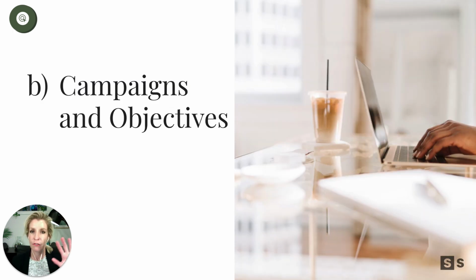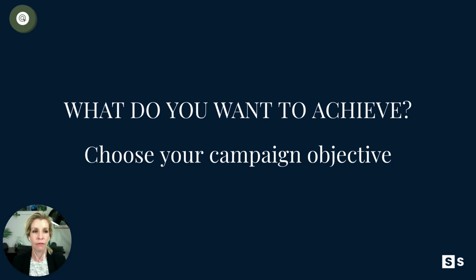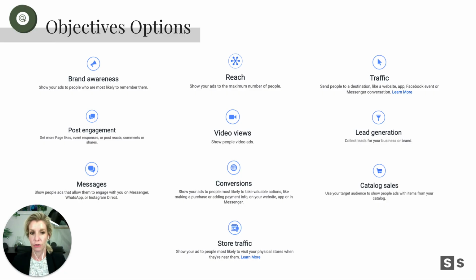So that first step, campaign objectives. Basically, we have to ask ourselves, what do we want to achieve here? And that's where we get to decide on what the objective is. Why this matters is because Facebook will optimize our ads based on the best results that we're going to get for that objective, or who is going to most resonate with our ad if that is our goal.